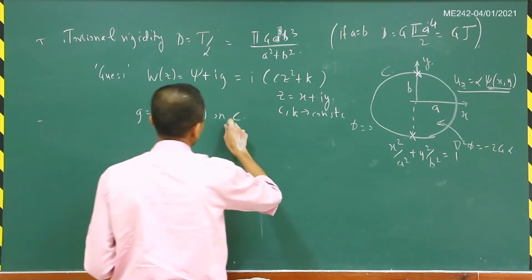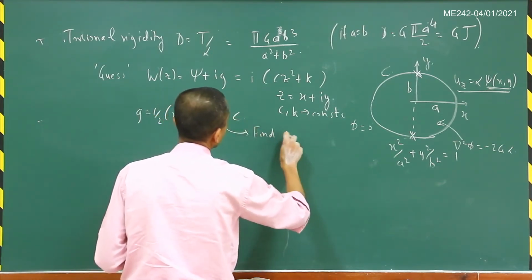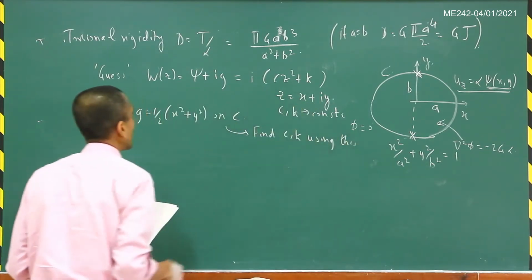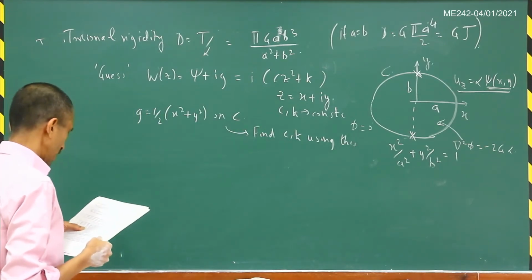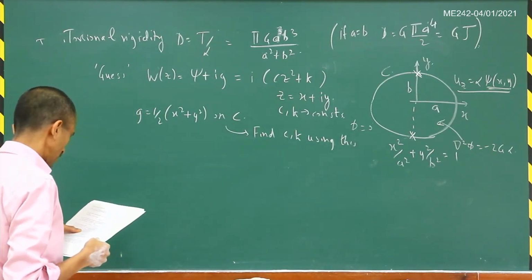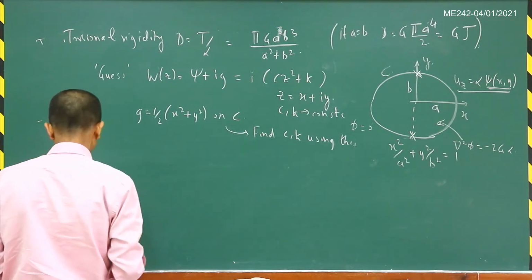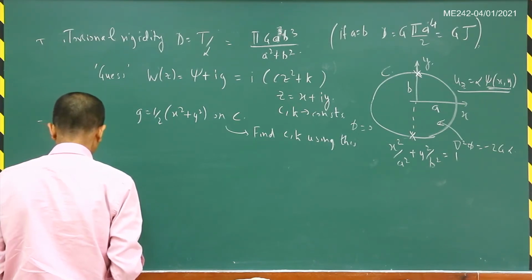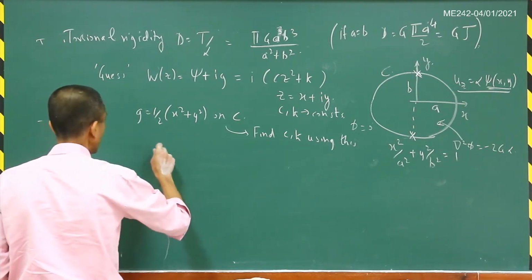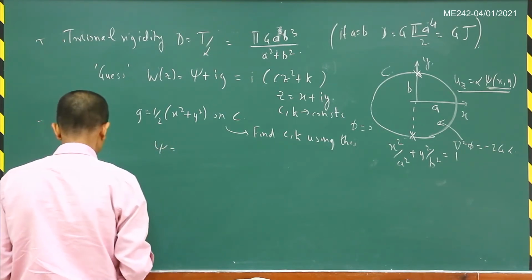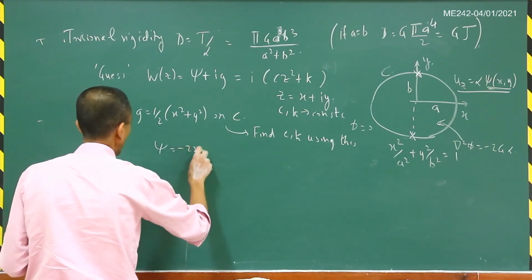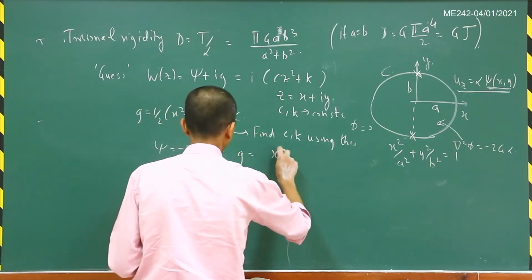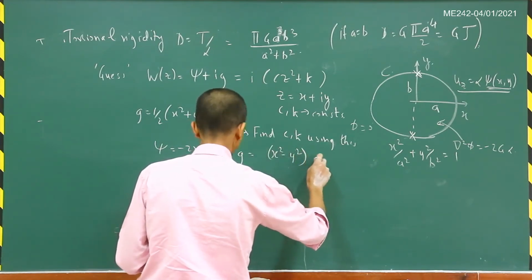So find c, k using this particular fact. What you will get is that psi is equal to minus 2xy times c, and g is equal to x square minus y square times c plus k.